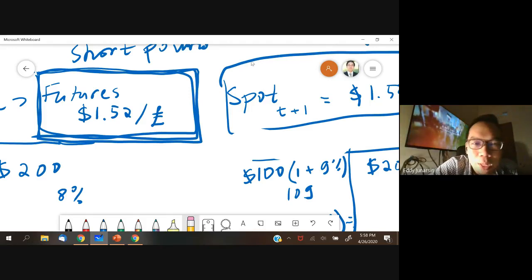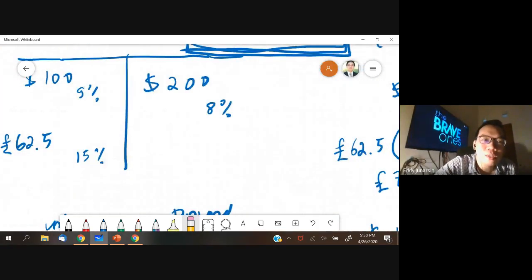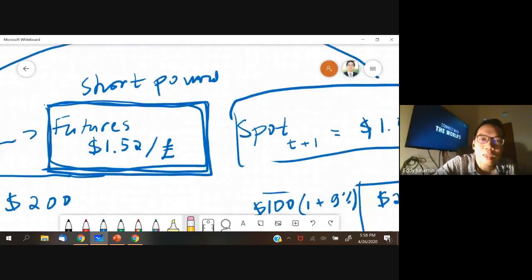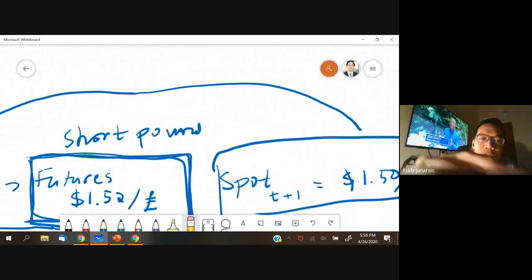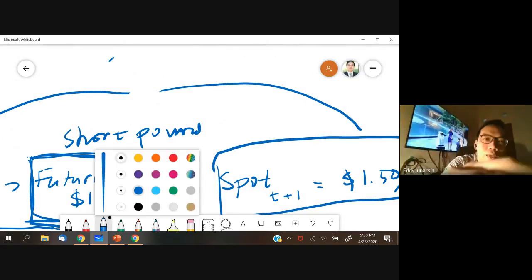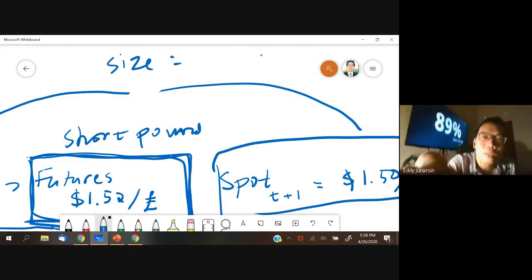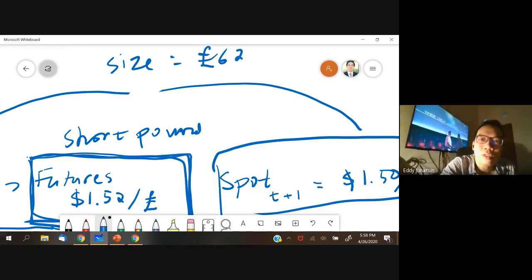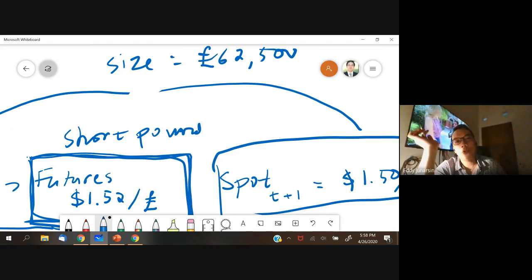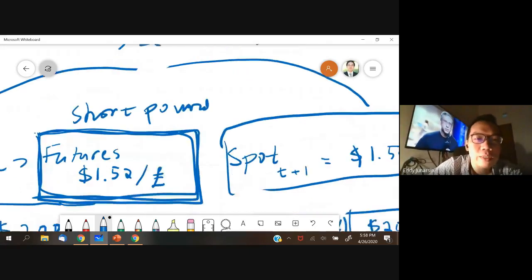So maybe you make 1,000 contracts, right? Because your exposure was 62.5 million. The size of the contract is 62,500. So you made 1,000 contracts, so you short pound, right?